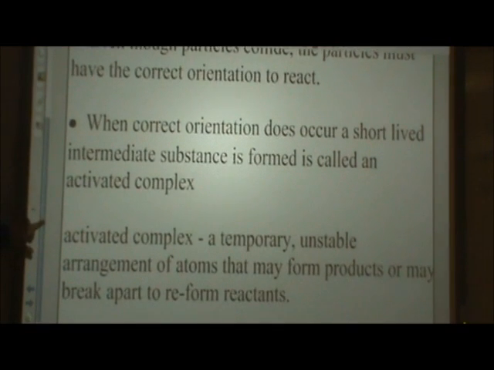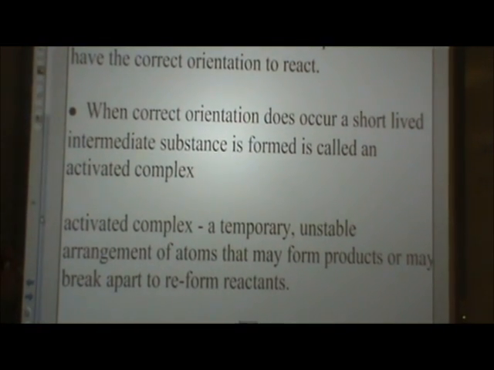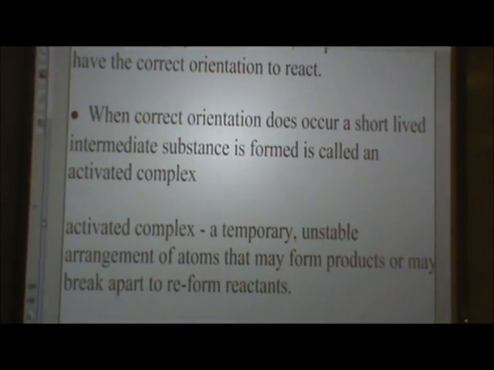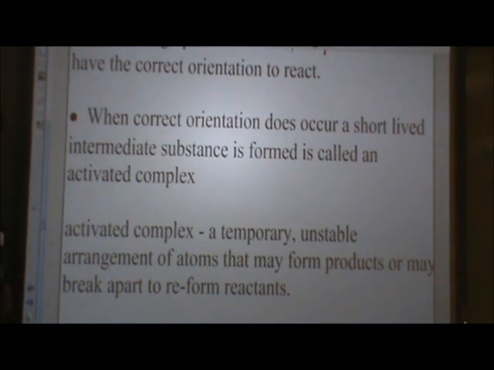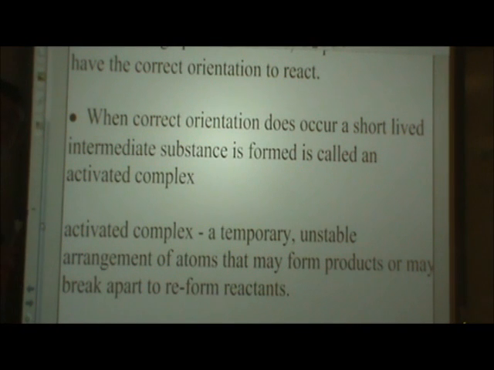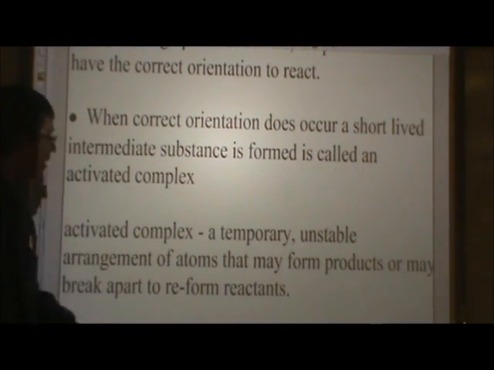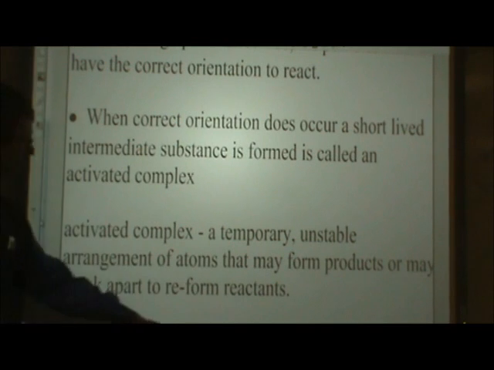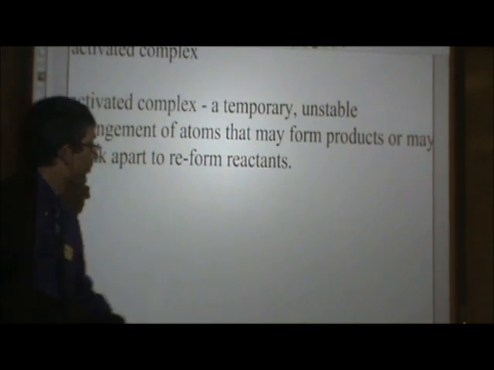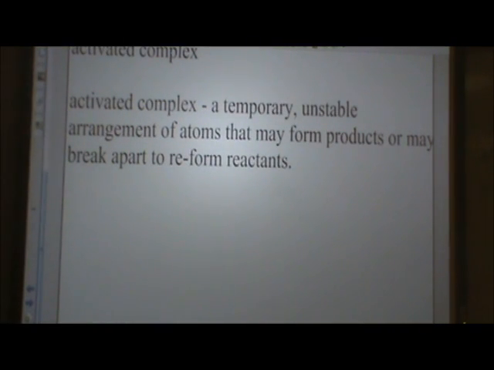Right? Now, when this correct orientation occurs, there's this intermediate thing that's made, and that's called the activated complex. You still might not have a product formed, okay? So it forms this thing called the activated complex. What is the activated complex here? Well, the activated complex is a temporary, unstable arrangement of atoms.